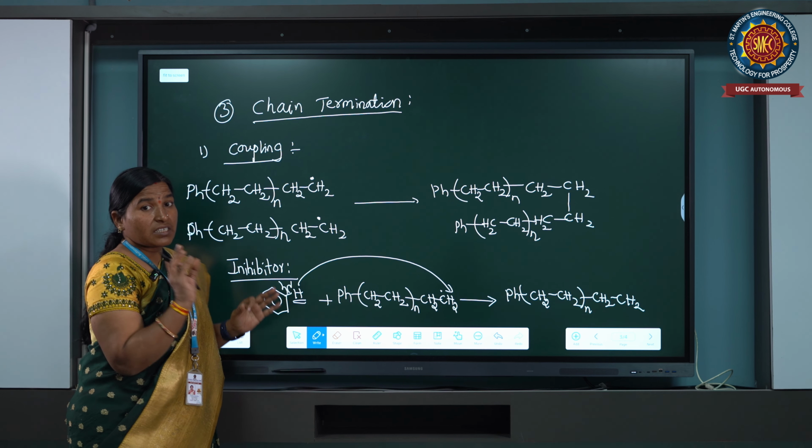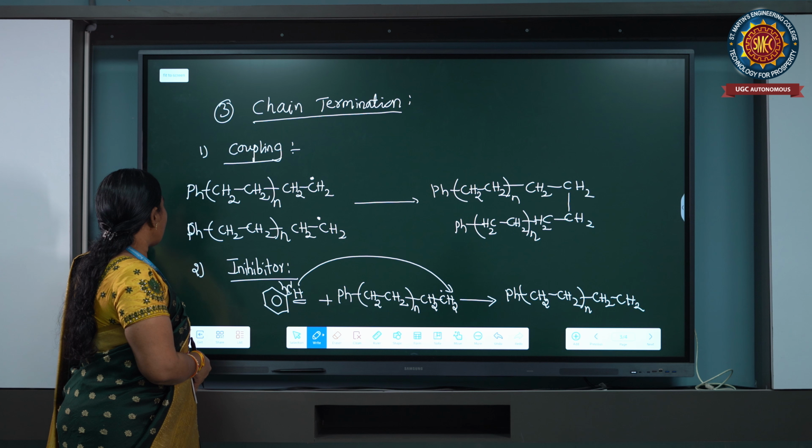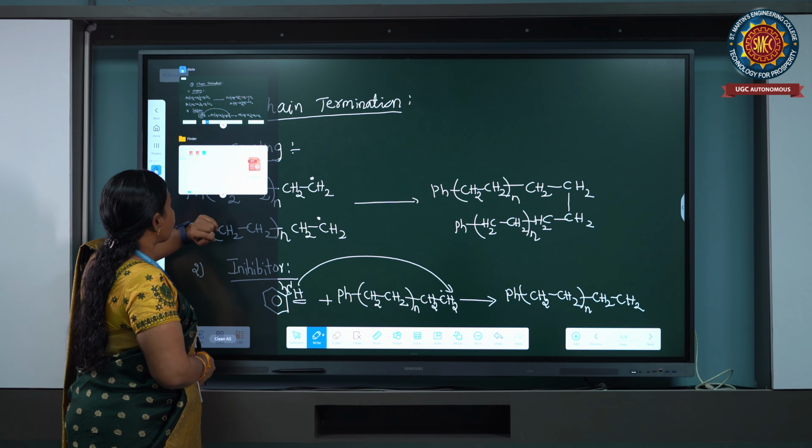Here we discussed the three steps. First one is the chain initiation step.